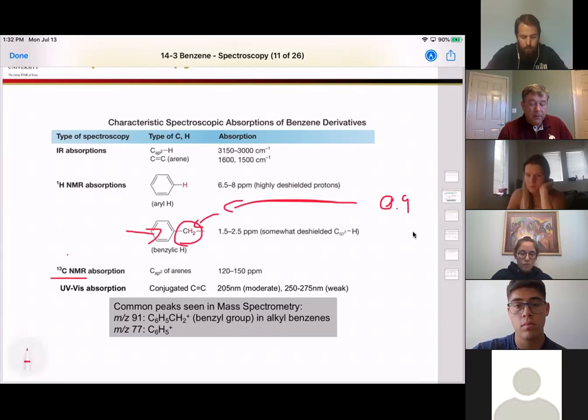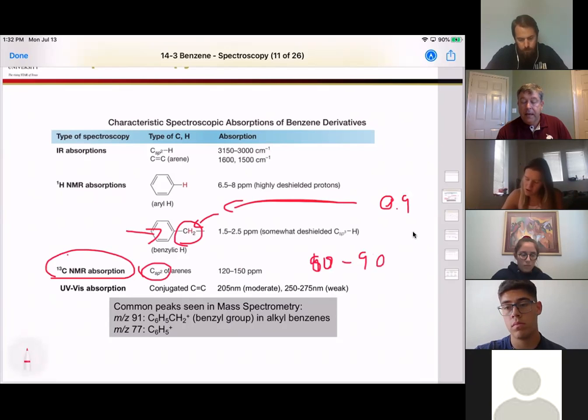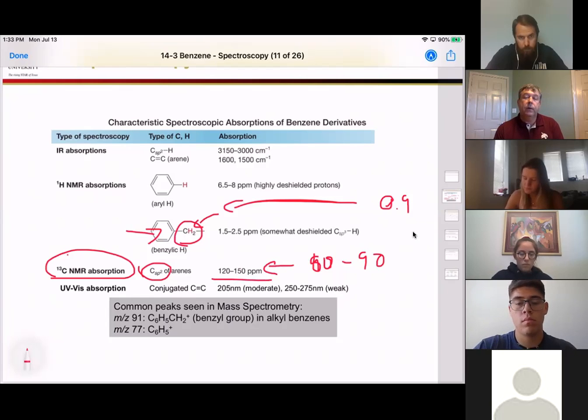Now in a carbon-carbon double bond, in our carbon-13 NMR, the sp2 hybridized carbons tend to be in the 60 to 90 range. However, because they are conjugated and have that extra electron density, they're shifted further downfield into the 120 to 150 ppm range.